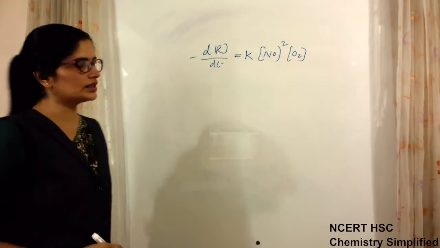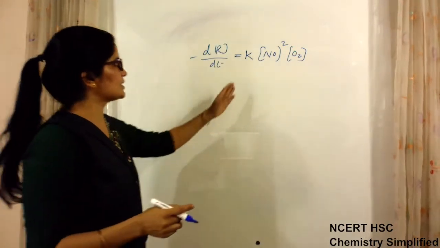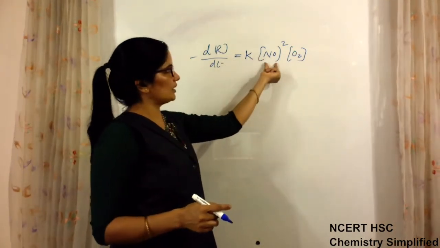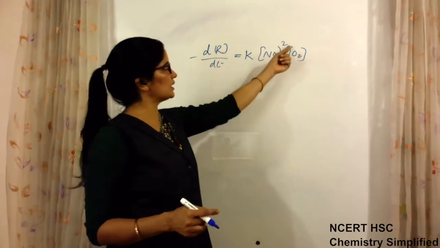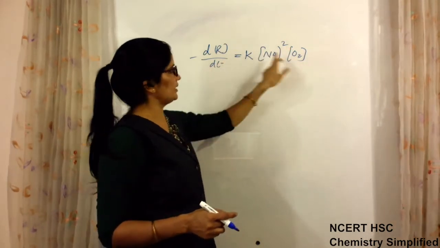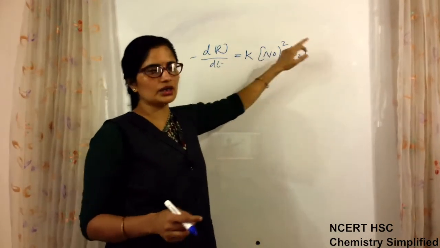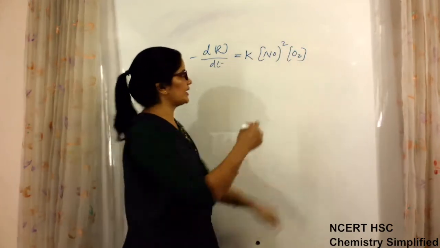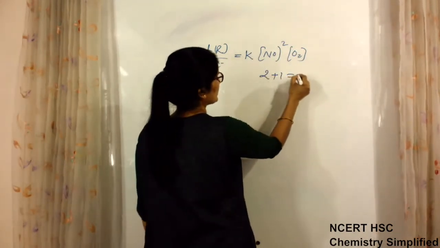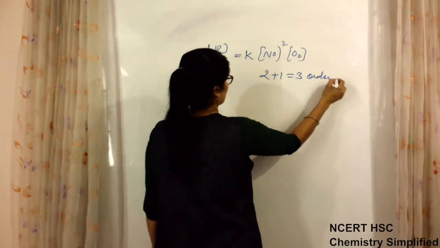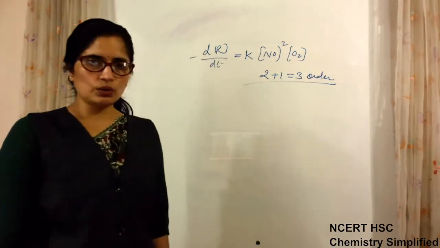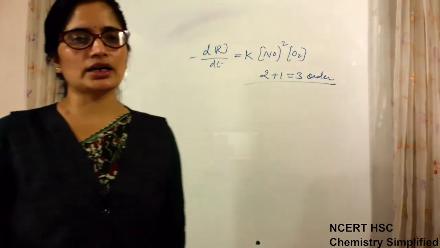This we determined. Now, the rate in terms of NO is second order, rate in terms of O2 is first order, and the overall rate of the reaction is 2 plus 1, that is a third order reaction.